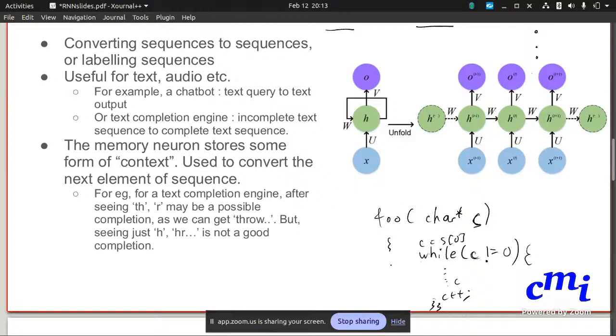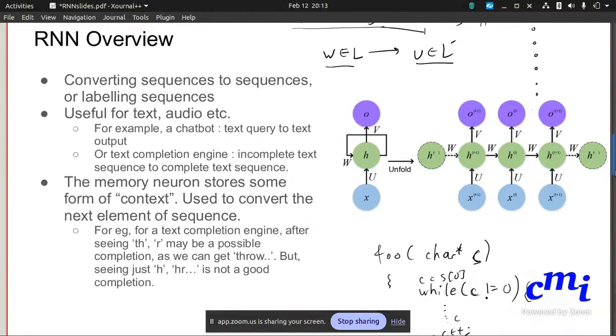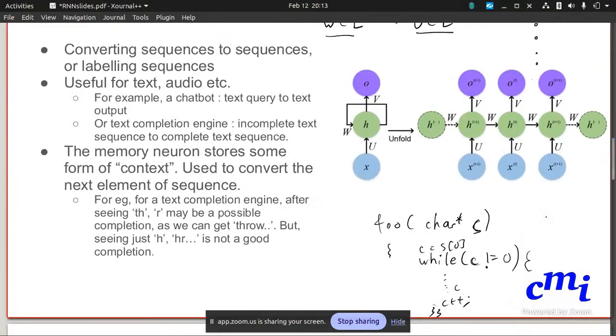So the natural first step to solve our problem of how do we get a neural network to work with sequences is to take this kind of an architecture and convert it into a neural network, right?